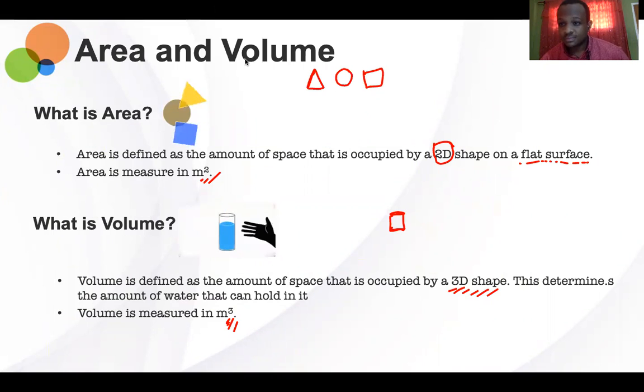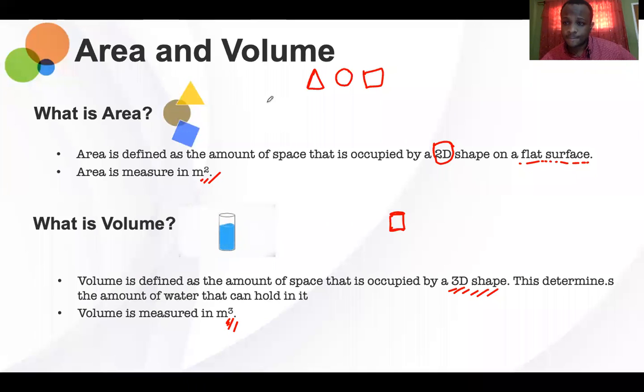The more area of land we have, the more we have to pay. So that's one important application of area. And an application of volume is determining the amount of water or liquid that can be held in a particular object.